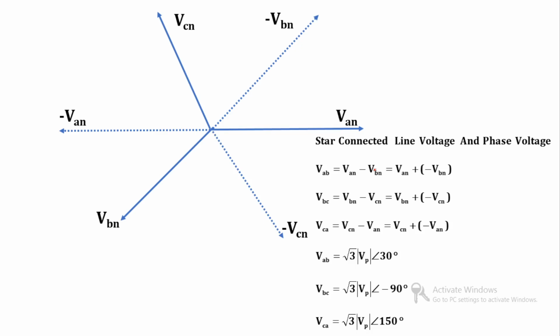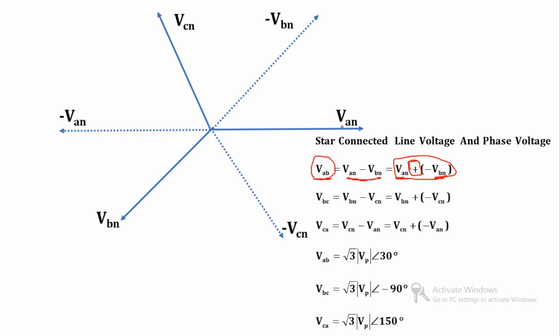Now we are able to draw the phasor of VAB. VAB is equal to VAN minus VBN, and now this equation comes into the picture: VAB is equal to VAN plus minus VBN. That's why I have written plus over here, just because we are going to add two vectors, VAN and minus VBN. To find VAB, we have to add two vectors: the first vector is VAN and the second vector is minus VBN.